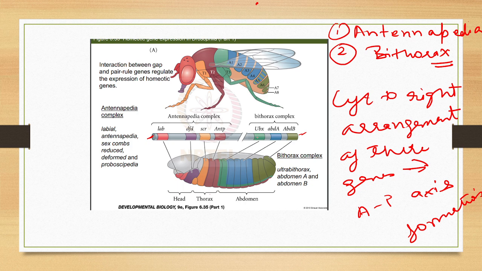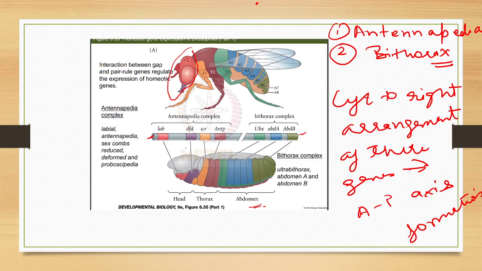Then you can see ultrabithorax, abd-A and abd-B. These genes are responsible for abdomen formation. Just go with the color coding. This is the head region, these are the thorax regions, T1, T2, T3, and this is the abdominal region.